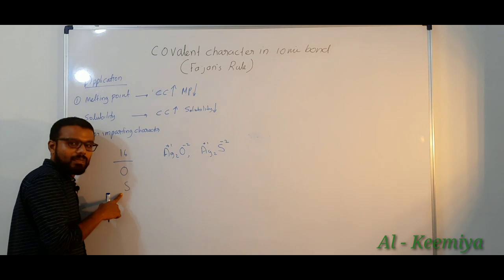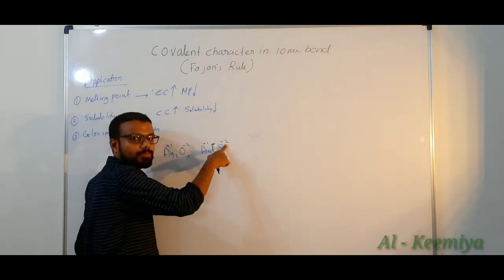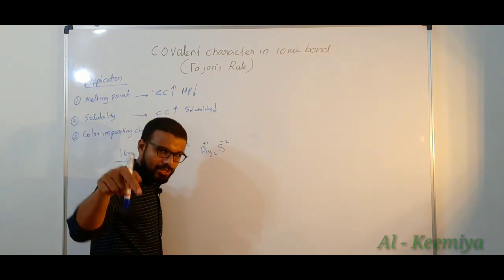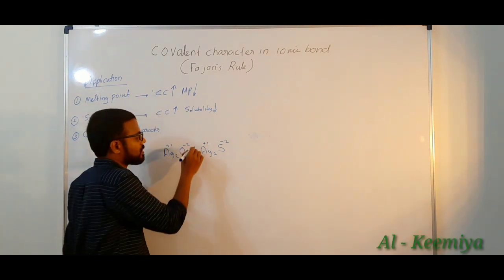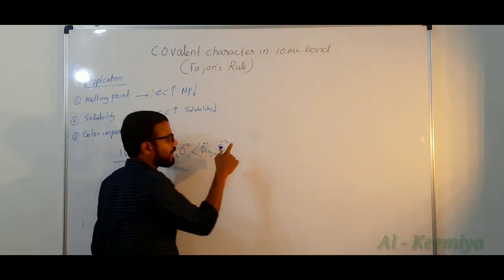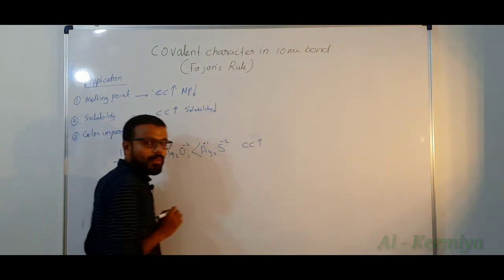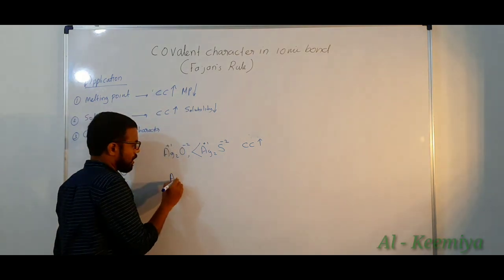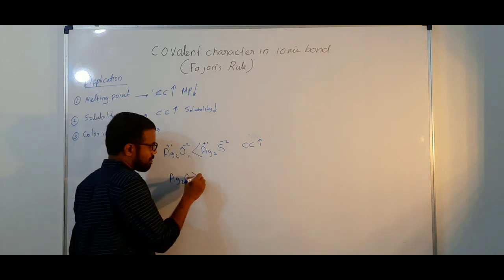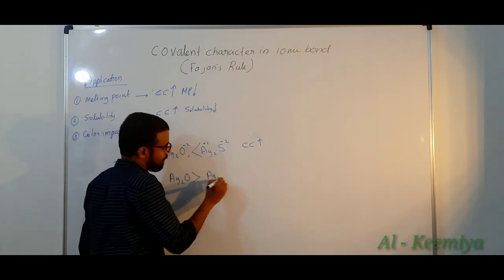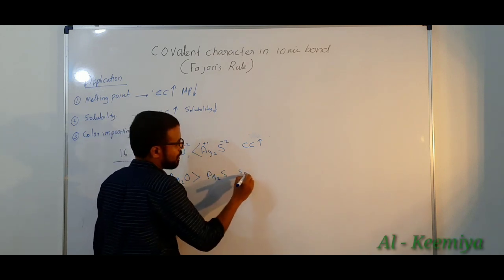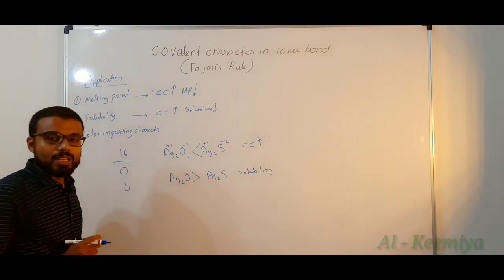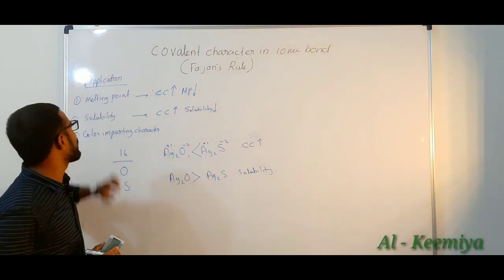Sulfur is bigger than oxygen, so the size of anion is bigger. Higher the size of anion, higher will be the polarizability, higher will be the covalent character. This is the order of covalent character. Higher the covalent character, solubility will be what? Less. So in solubility order, Ag2O is more soluble than Ag2S. Okay, so this is the second application.